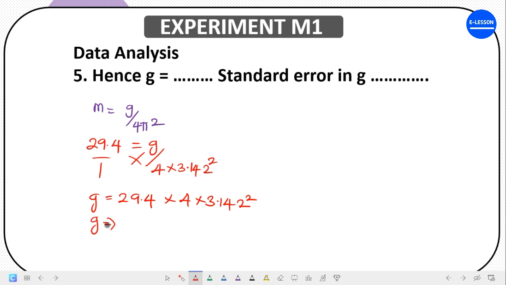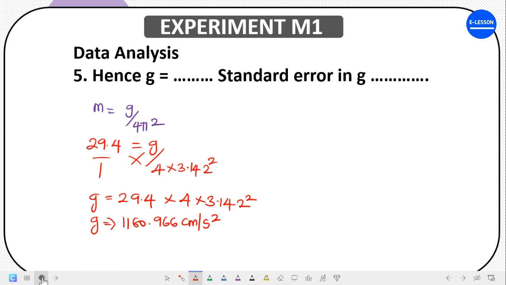So you see that your value of g is dependent on the slope of the graph, which is 29.4 times 4 times 3.142 squared. And this gives us 1060.966 centimeter per second squared.